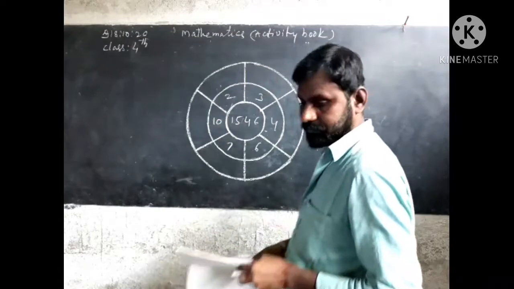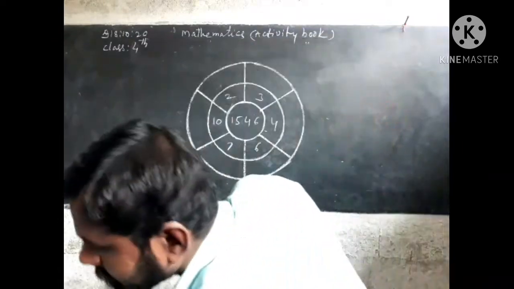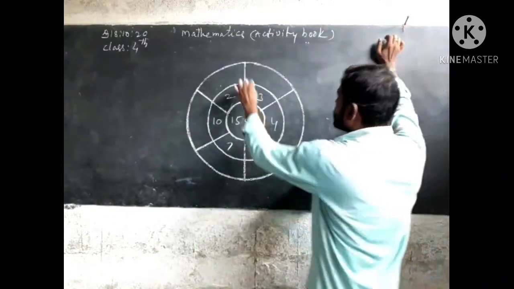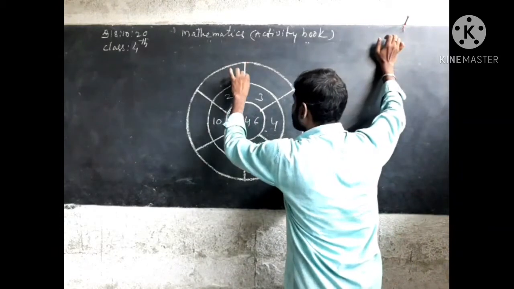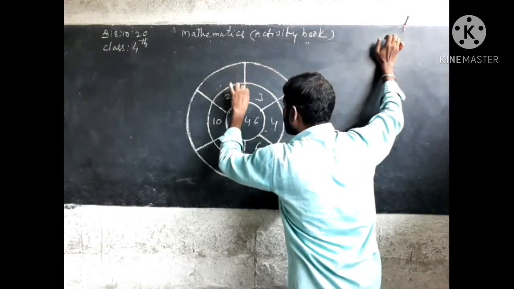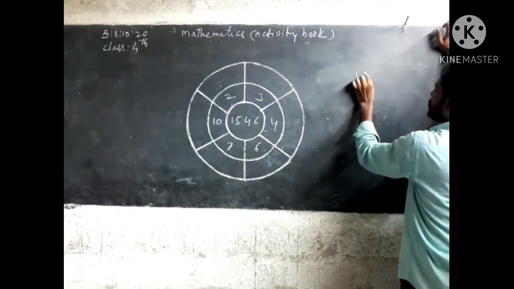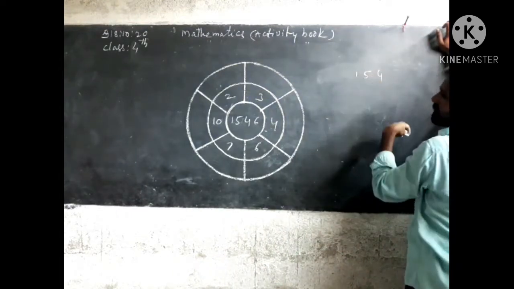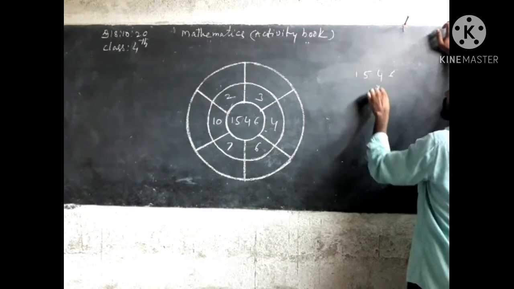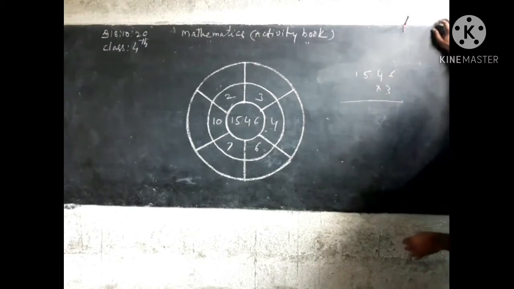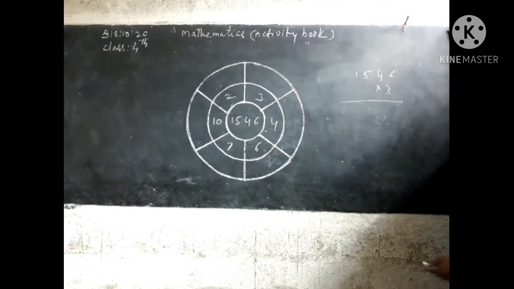See, first we multiply 1546 with 3. 1546 into 3. See, listen carefully, beta. I will show a shortcut method.